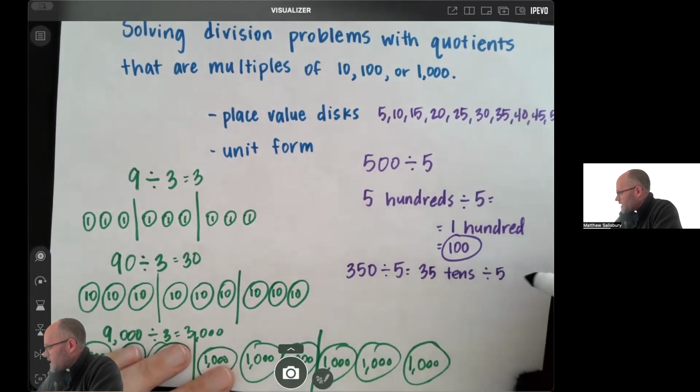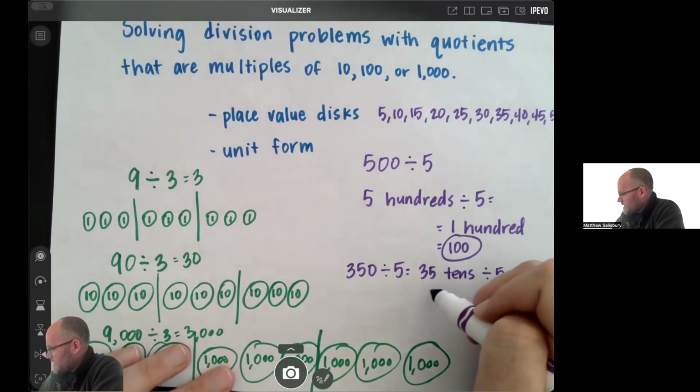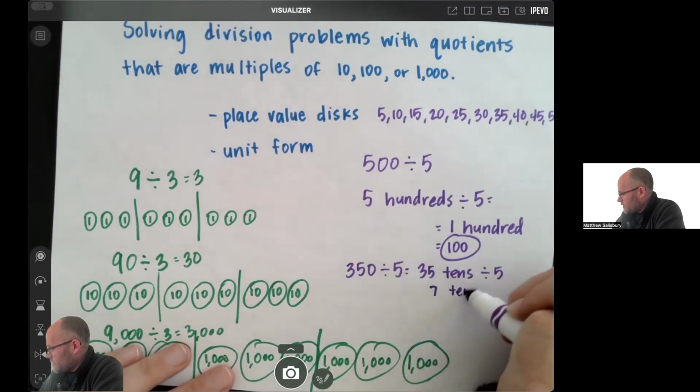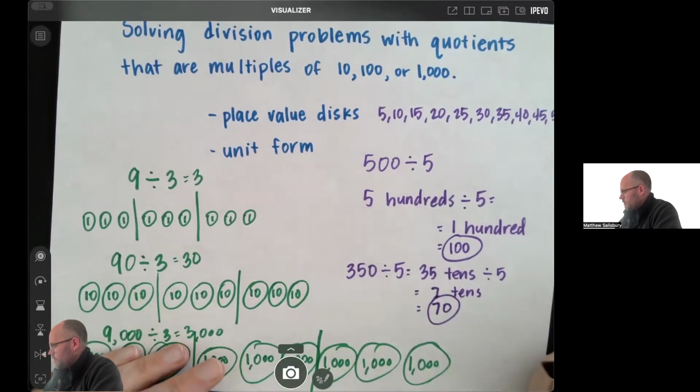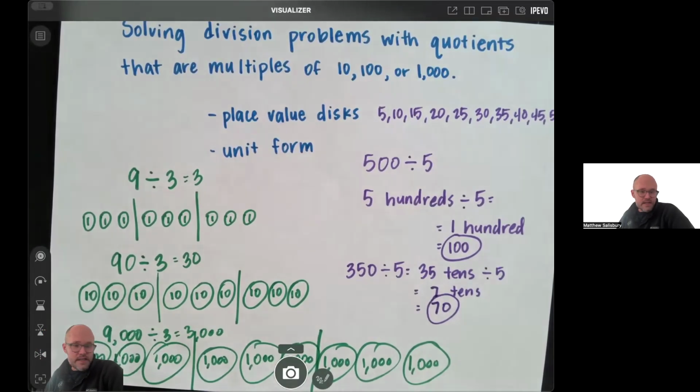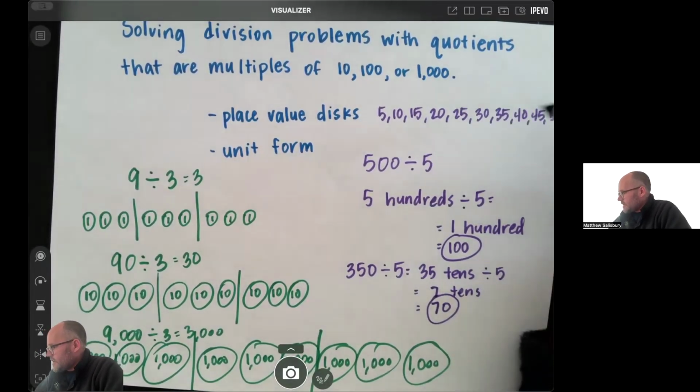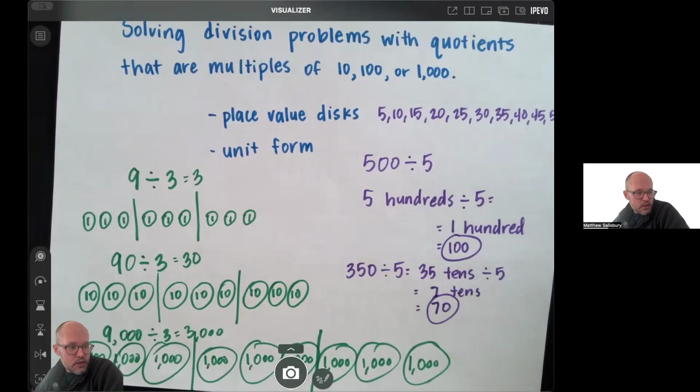So 35 tens divided by 5 is going to be 7 tens, which is 70. Okay, so as you are working, you can look and see, is there a useful multiple? And can you write in unit form in that way?